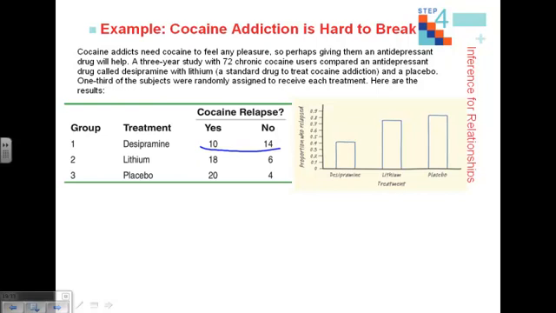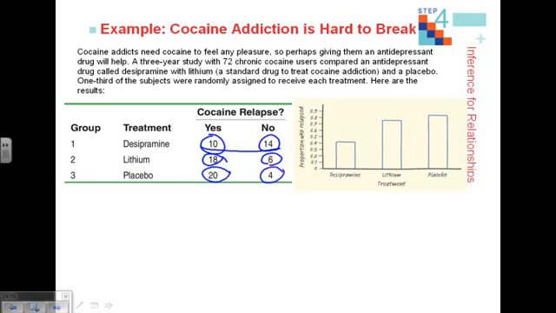After 3 years, of the 24, 10 of them relapse, meaning they go back to using, where 14 stay clean. I've got 24 people who were given lithium, and of them, 18 relapse, and 6 of them stay clean. And I've got 24 people who were given placebo, 20 of them relapse, and 4 of them stay clean.